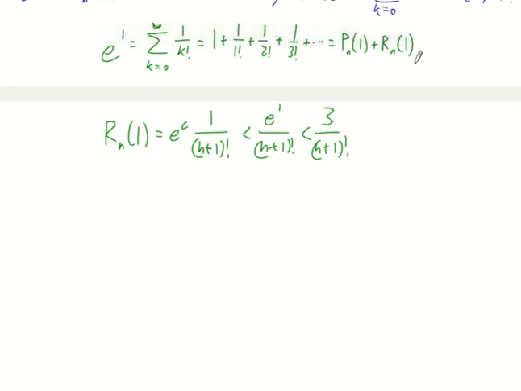So depending on how close my approximation needs to be, I can just take enough terms so that this remainder part is bounded above by some really small number, right? If I want this to be within 100th or within 1,000th or within 0.00001, I can know how many terms of the Taylor polynomial I need to get a close enough estimate for what I'm looking for.